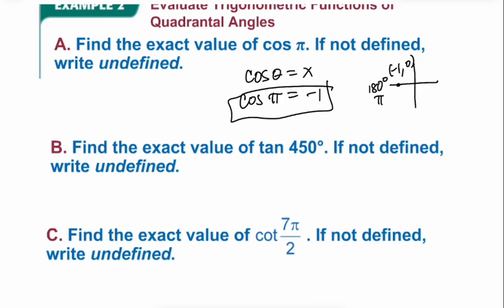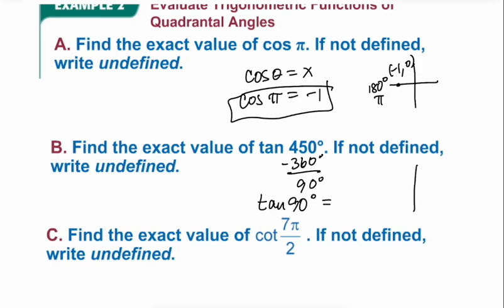What is 450 in example B? If something is more than 360, find out how much more. Take off the 360 until it's something between 0 and 360, and that would be 90 degrees. So they're really asking me, what is the tangent of 90 degrees? That's what they want.